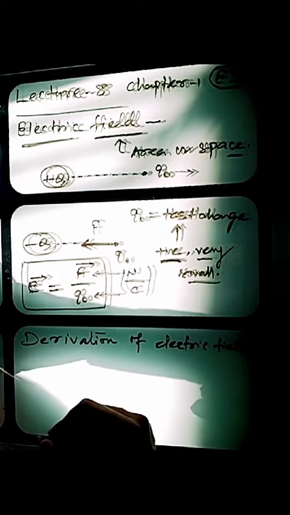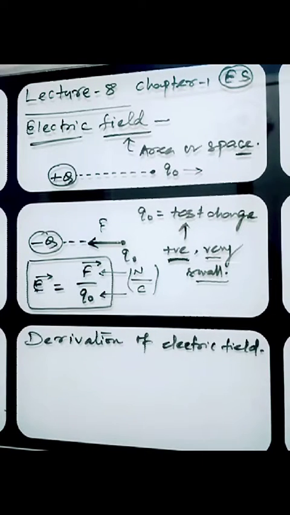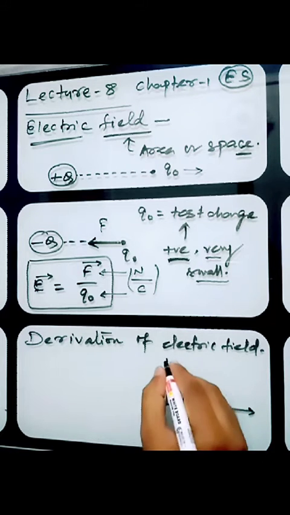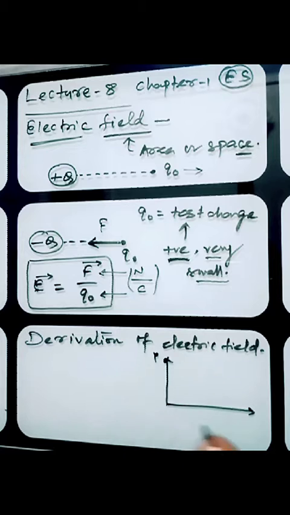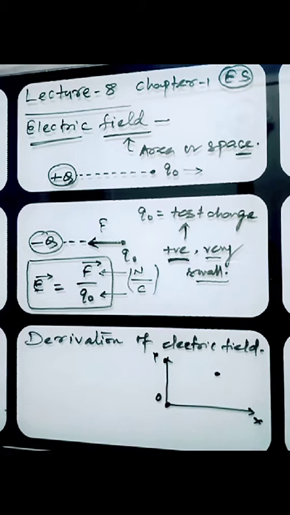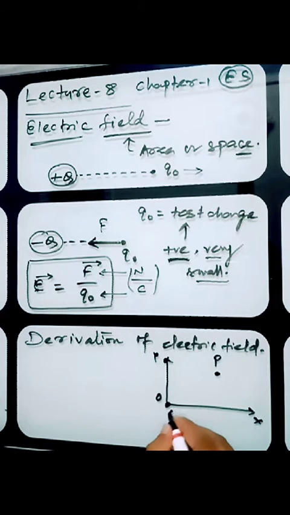Okay, so you can take a positive charge for which you have to find the electric field. This is our point of observation, and here at O we have a positive charge.